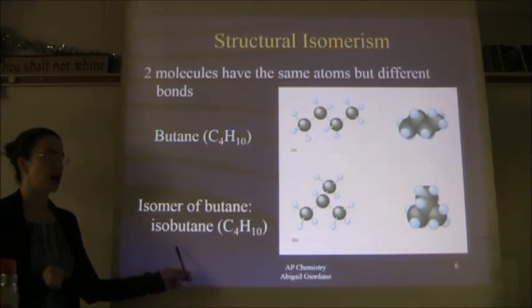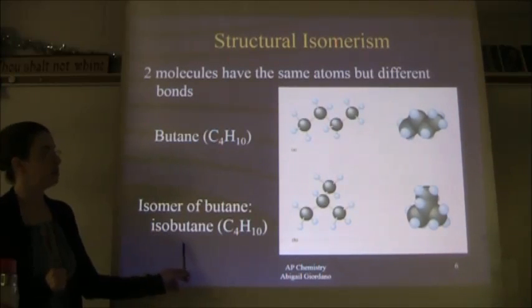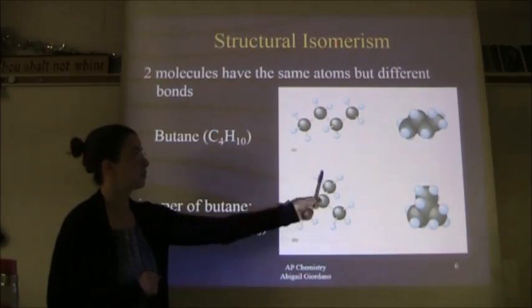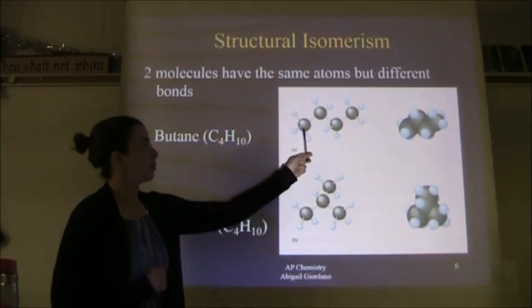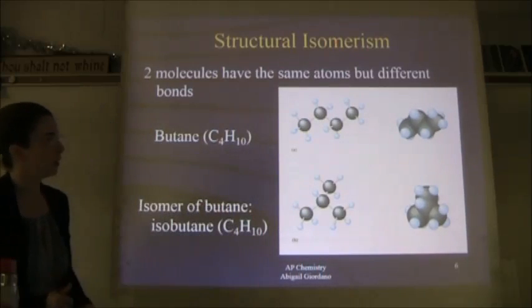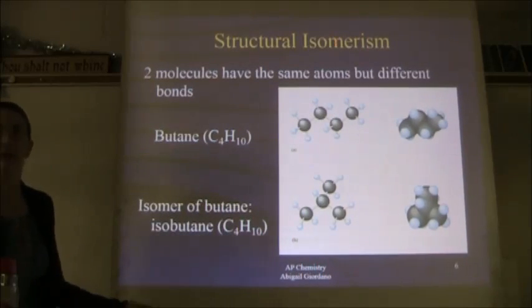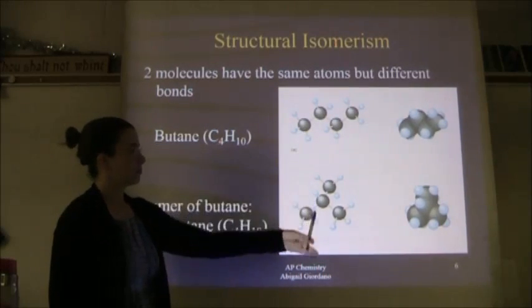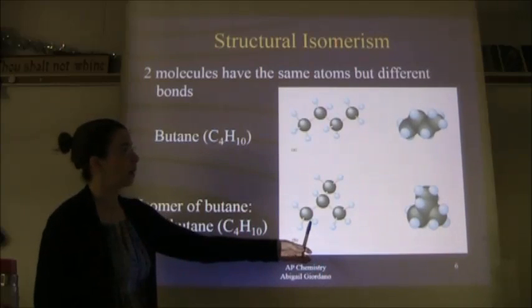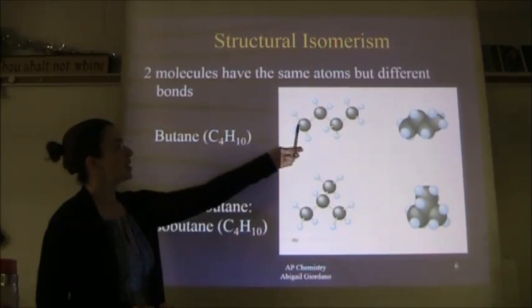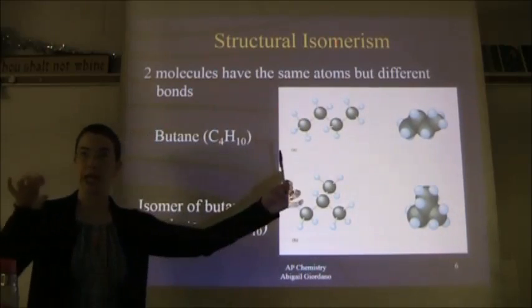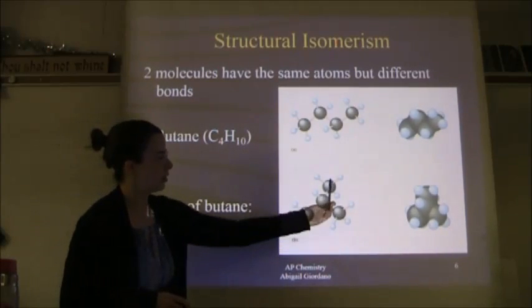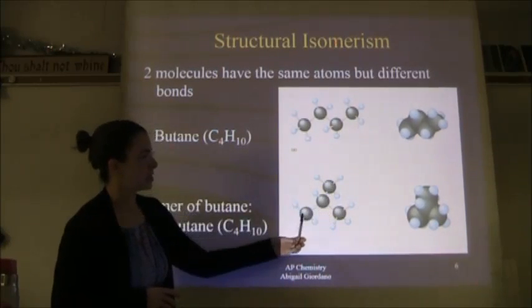Butane, isobutane. Now, what makes them different? Look at the picture, okay? These black pieces are representing the carbon atoms, okay? What's making them different? Okay, how they're arranged, how they're bonded together. This has the 4 carbons just joined essentially in a chain, whereas here they're bonded in like a T shape.